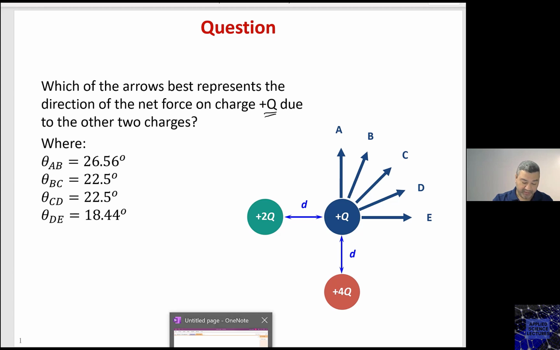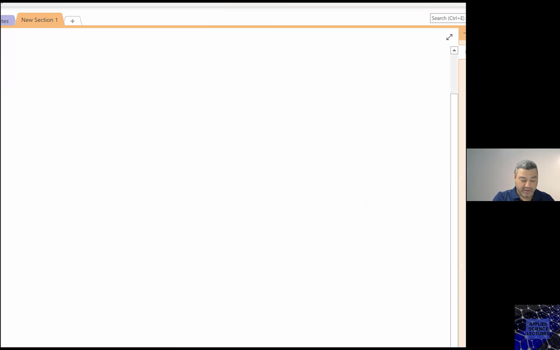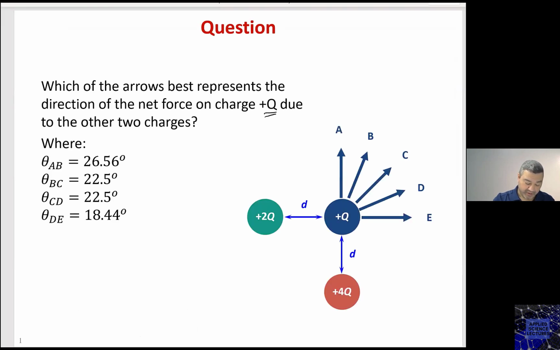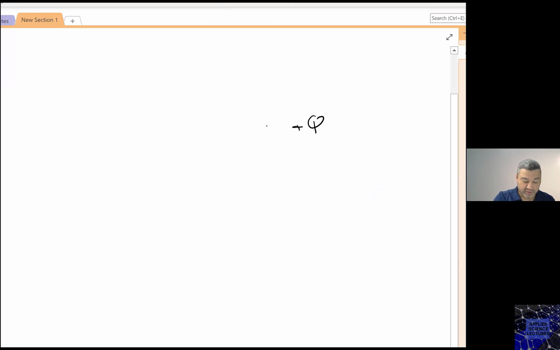So here we have the distance is the same. So this is the plus Q, right? And then we have the plus 2Q, and we have here the plus 4Q.